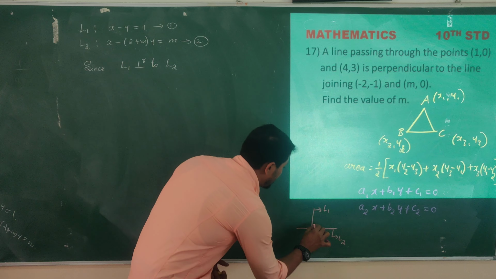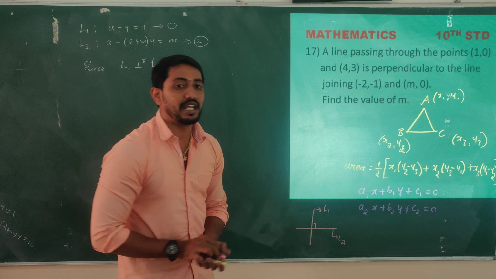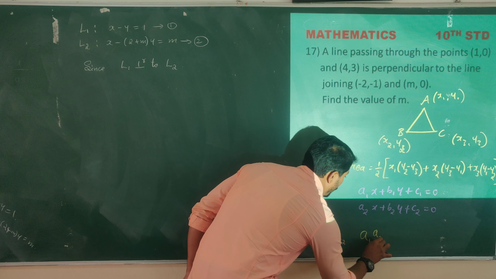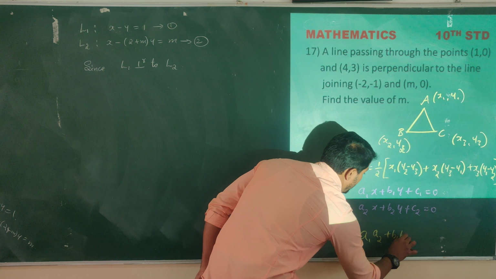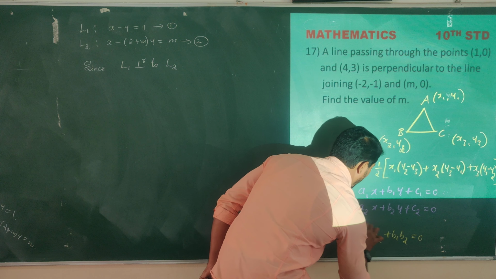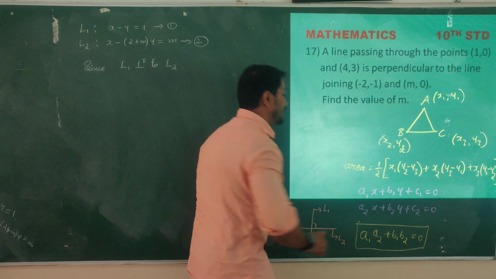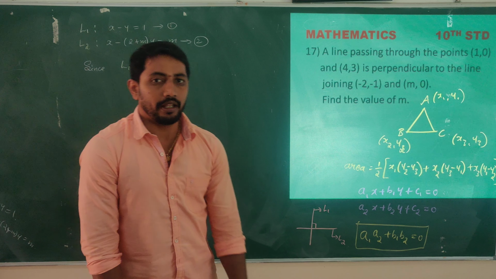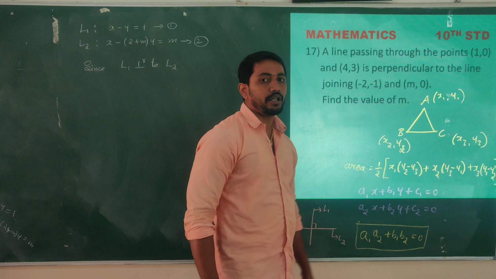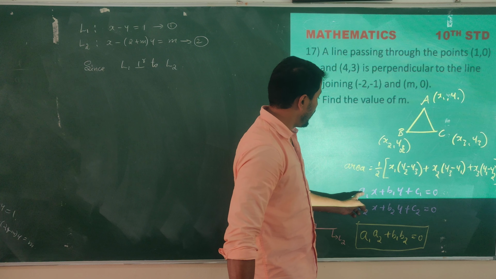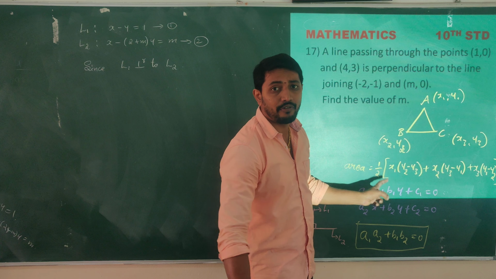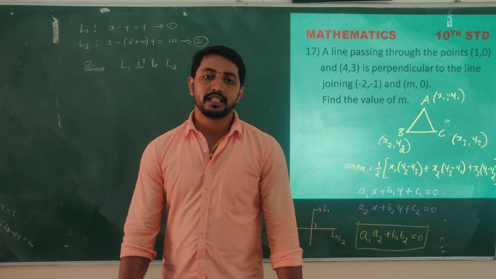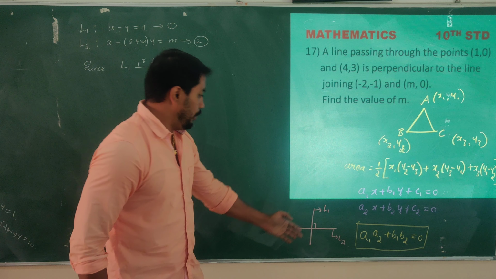We can say two lines are perpendicular if they satisfy the condition A1 A2 plus B1 B2 is equal to 0. What about A1, A2, B1, B2? A1, B1 are the coefficients of x and y in line 1, and A2, B2 are the coefficients of x and y in line 2.